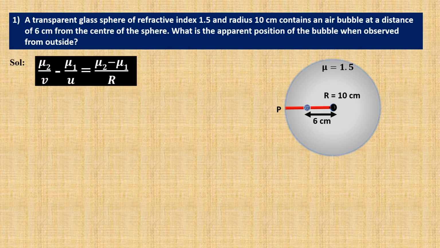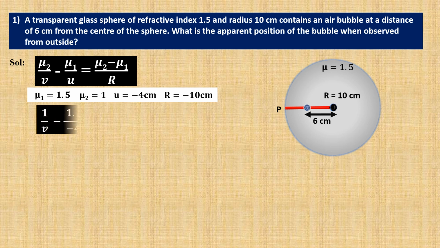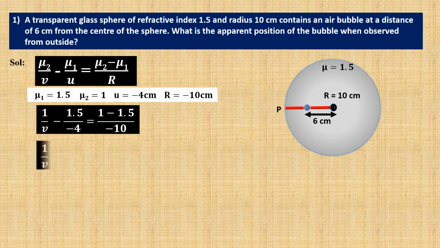This is the formula, and these are the values to be substituted in the above formula. If we substitute these values, we get 1 by V minus 1.5 by minus 4 is equal to 1 minus 1.5 by minus 10. If we simplify, we get 1 by V plus 3 by 8 is equal to minus 0.5 by minus 10.